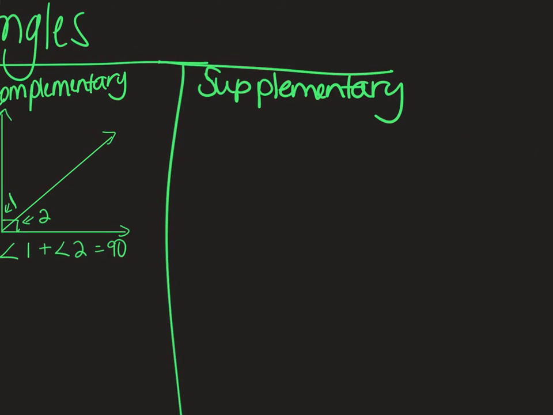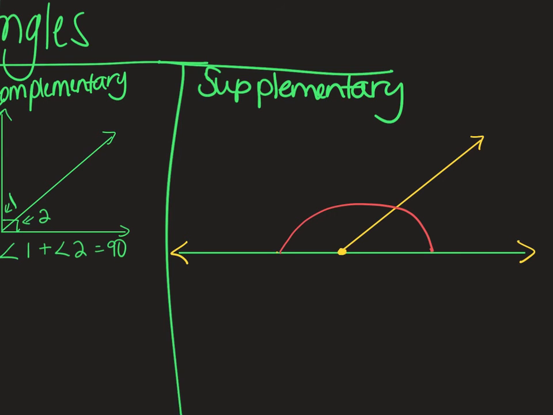Now, a supplementary angle is dealing with 180 degrees. So an angle from here to here measures how many degrees? 180.